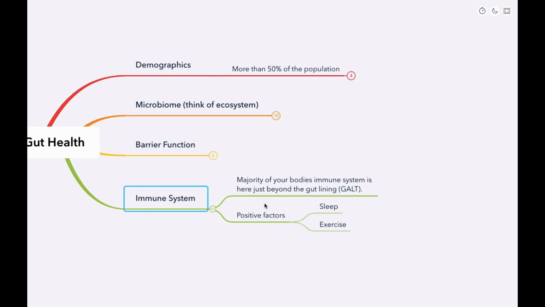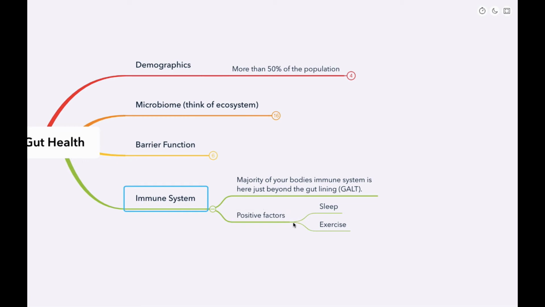It's there waiting to see what's coming down the road. And if it doesn't like it, then your body can react and overreact, which can cause all kinds of problems from your skin to your endocrine organs, and it can affect pretty much every organ in your body.